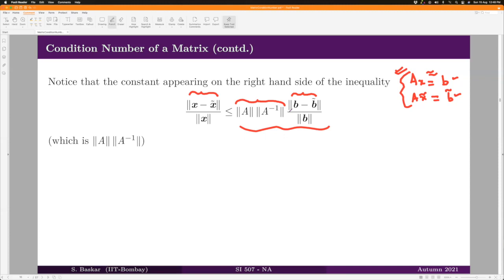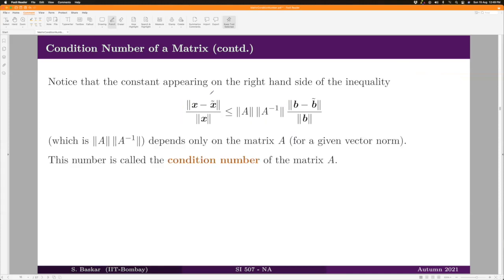So you have to remember them and correctly use them in your examples. So once you know what is the subordinate matrix norm that you are going to use, and if your matrix A is also given, you can explicitly find this constant. And once b and b tilde are given, then you can also find this. Therefore, this upper bound can be explicitly found even without knowing how the solution looks like.